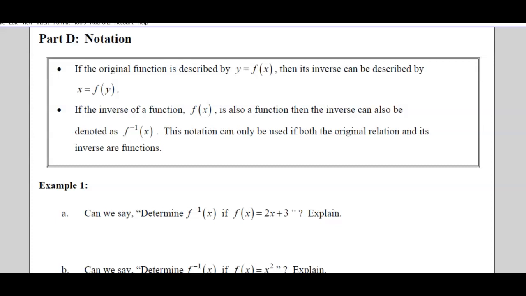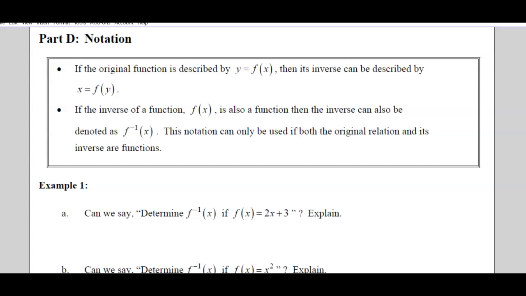But if it's not a function, then we can't use that, okay? So sometimes we get a little bit lazy and we describe the original as a function, we call it y equals f of x. And then instead of saying the words find the inverse, we say find y equals f inverse of x, which can only be used if the inverse is a function. So just be aware of that.